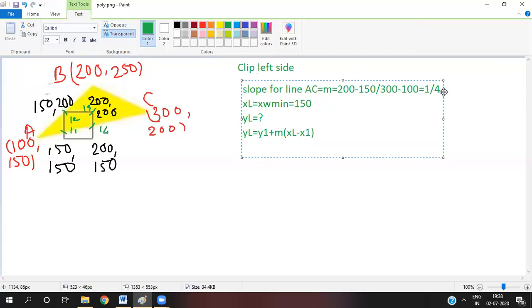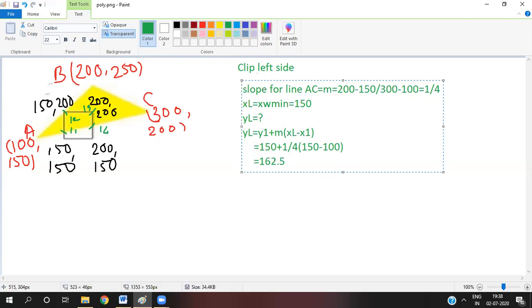Y1 is 150, plus slope 1 divided by 4 in brackets, XL is XW minimum, which is 150, minus X1, which is 100. After calculating this value, you will get 162.5.